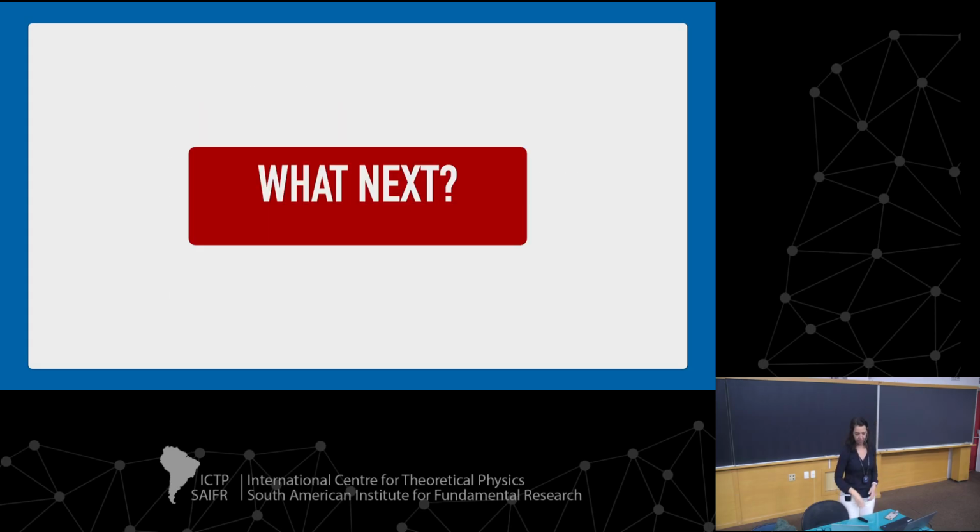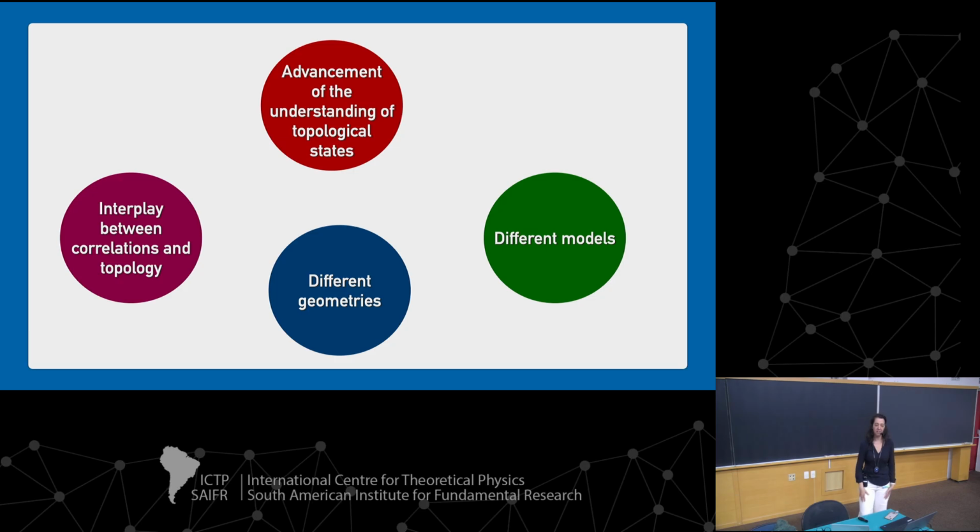So in general, what is next in this field? I think this field is going to be very, very active in the years to come. The understanding of topological states has advanced a lot in recent years.